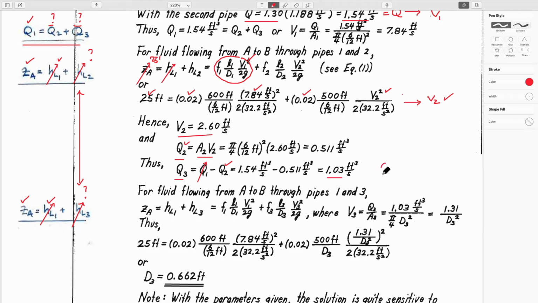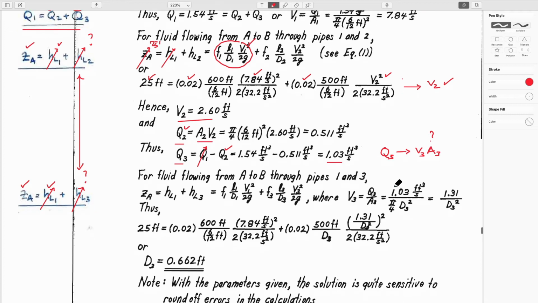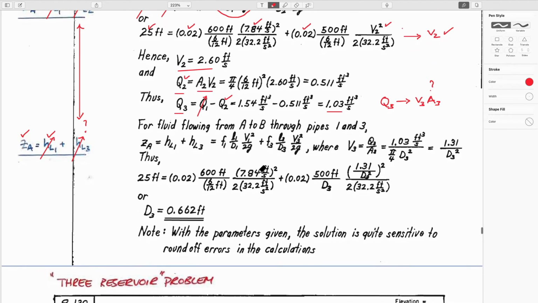And then if we know what Q3 is, then we also know that this has to be equal V3 times A3. We don't know what A3 is because we've got to choose it, and therefore we have to deal with that.